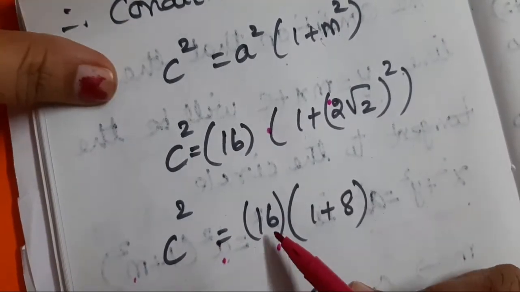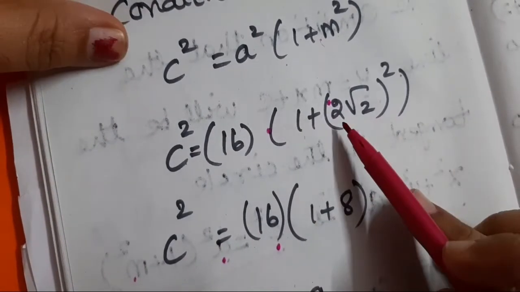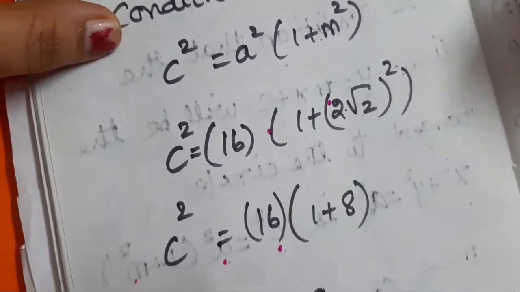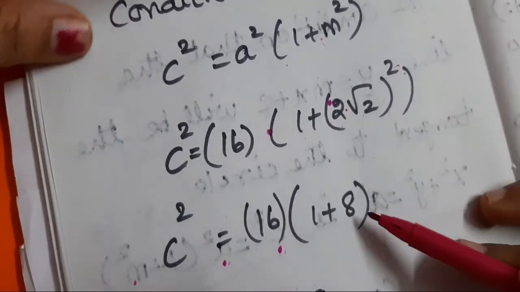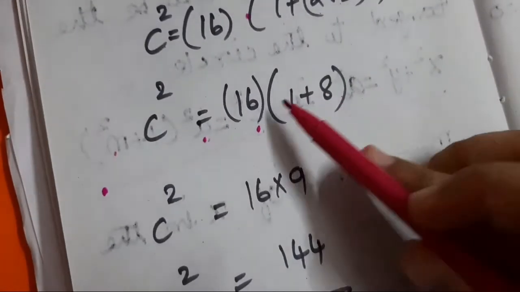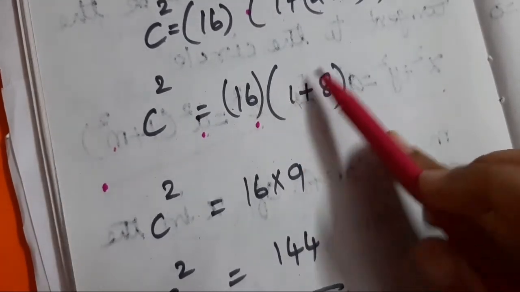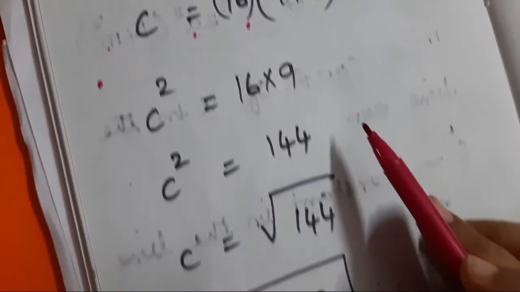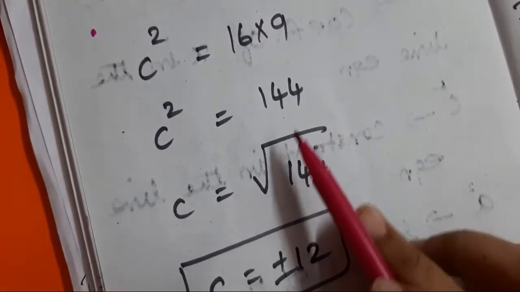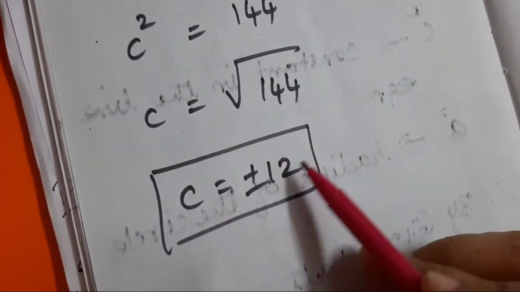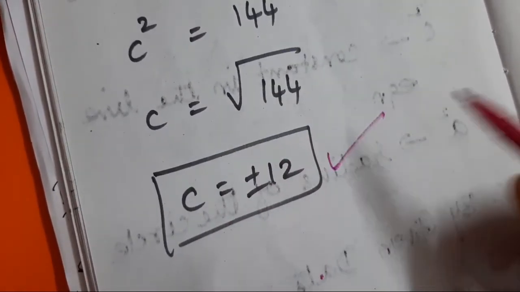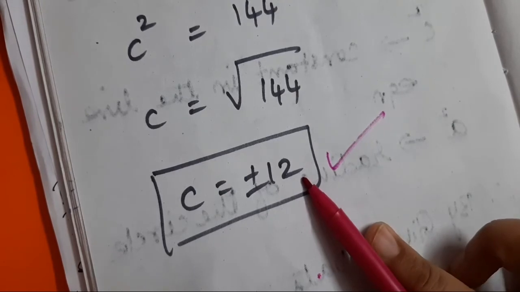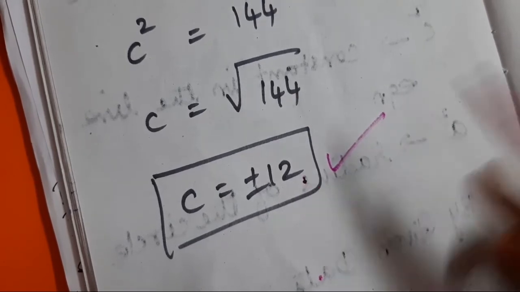C square is equal to 16 into 1 plus 2 square, which is 4, root 2 square is 2, so 4 2s are 8. Then 16 into 9, since 1 plus 8 is 9. C square is equal to 144. C is equal to square root of 144. Therefore C is equal to plus or minus 12. So this is the value of C in that line equation.